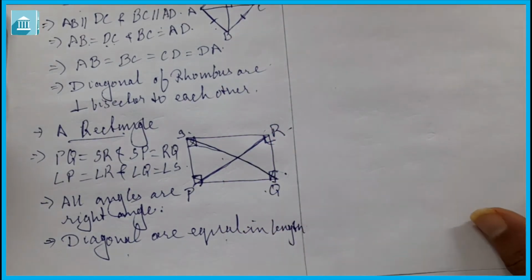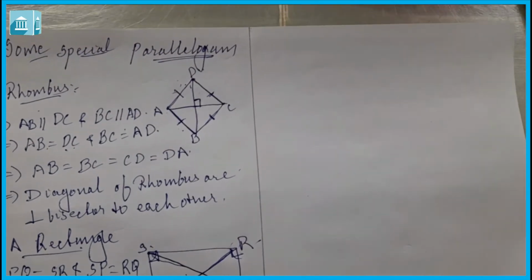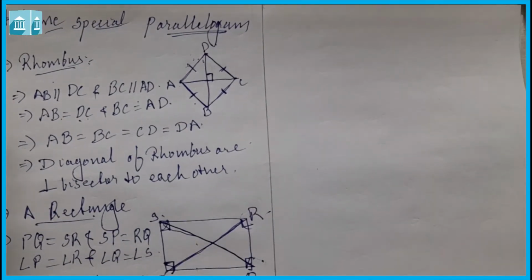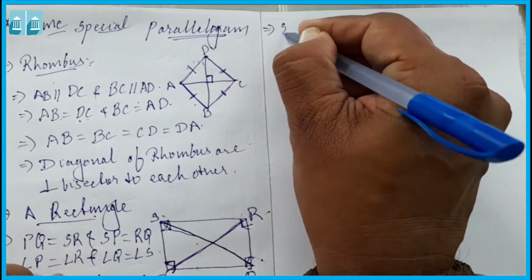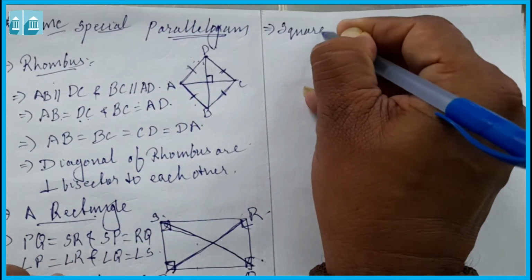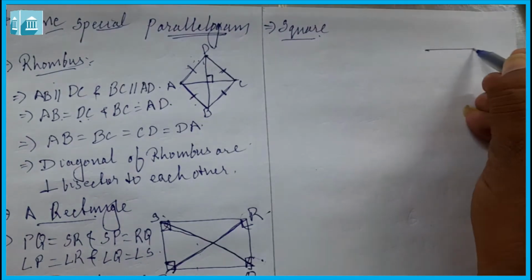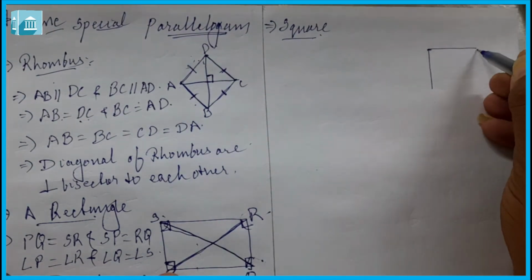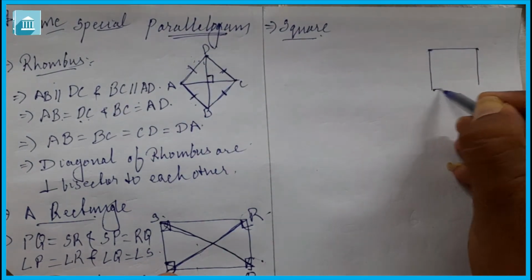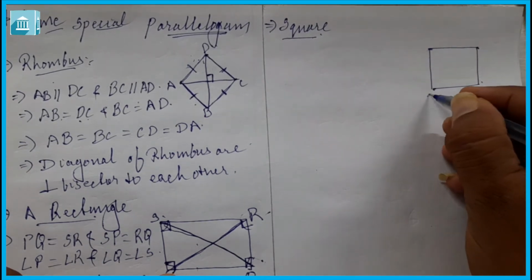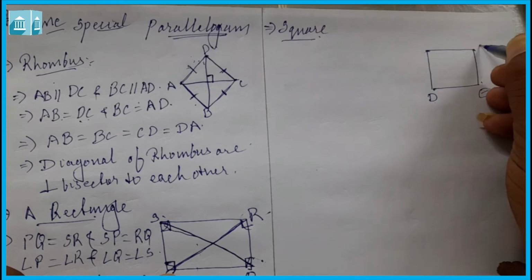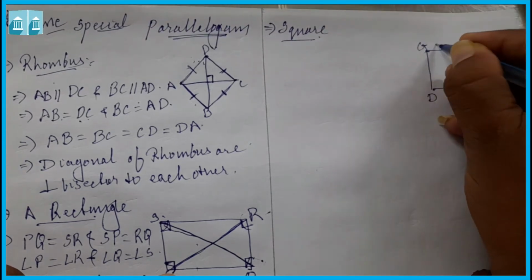Now let us move toward the next special parallelogram, and that is very special, the square. Again we all know the square, let it be DEFG.